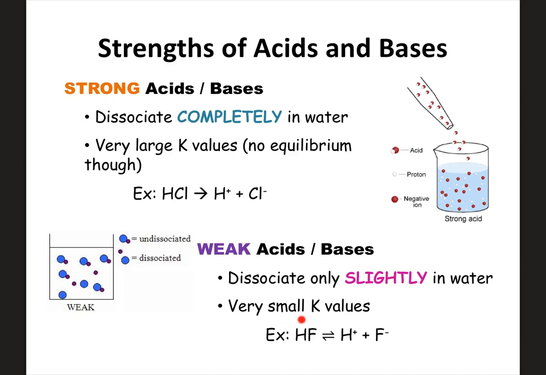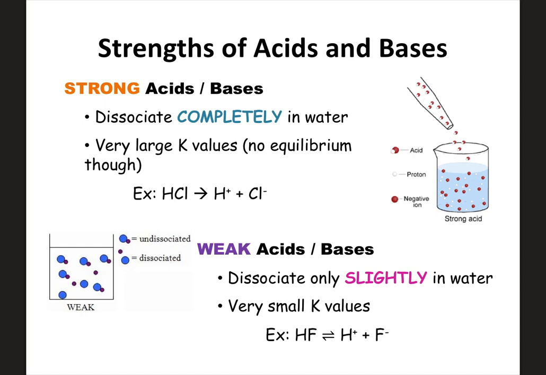For example, HF would be in equilibrium with its ions H plus and F minus. But notice it's not a forward arrow here. These weak acids and bases don't go 100% to the products. There's still going to be some HF present, and still some H plus and F minus present. So if you're looking at a beaker of a weak acid or base, you have some of the original undissociated compound in there, along with some of the compound that has broken apart into the ions.